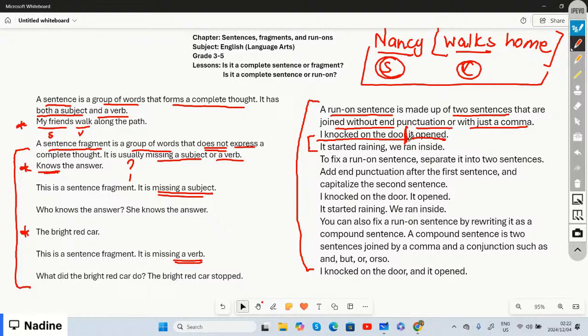We can fix that run-on sentence by separating it into two sentences and writing it correctly.